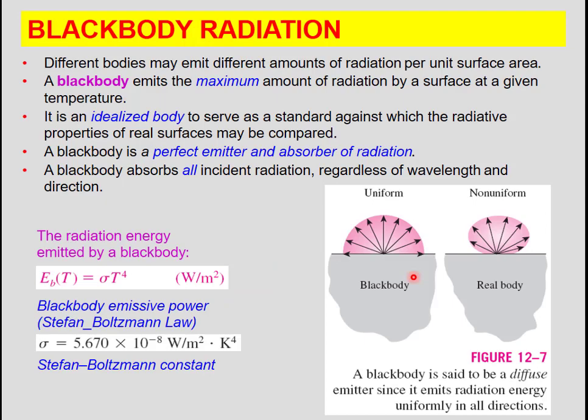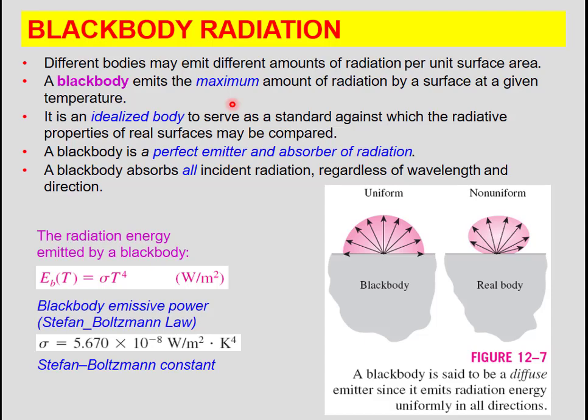Before we introduce the calculation for this thermal radiation, we should know some assumptions and some criteria actually. As I told you, different bodies may emit different amounts of radiation per unit surface area.